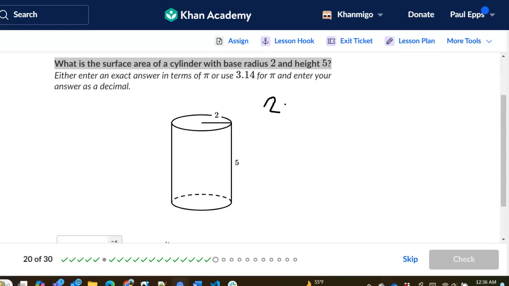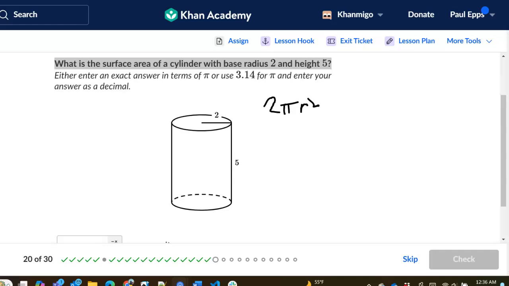2 pi r squared, and the radius is 2. So that's 4, 8.